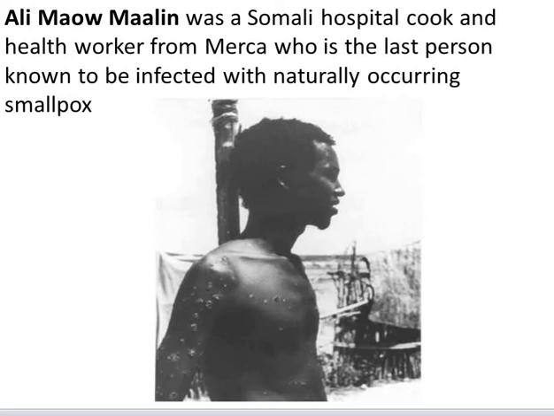Ali Maow Maalin was a Somali hospital cook and health worker from Merca, who is the last person known to be infected with naturally occurring smallpox. This dreaded disease was eradicated by universal application of a vaccine similar to that used by Jenner in the 1790s.